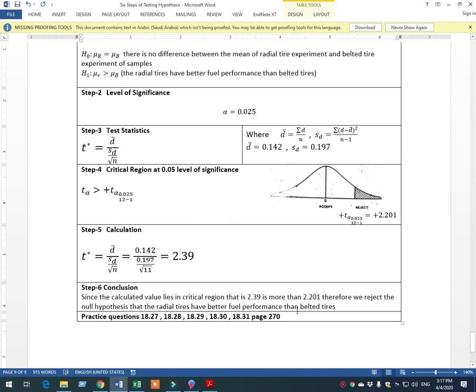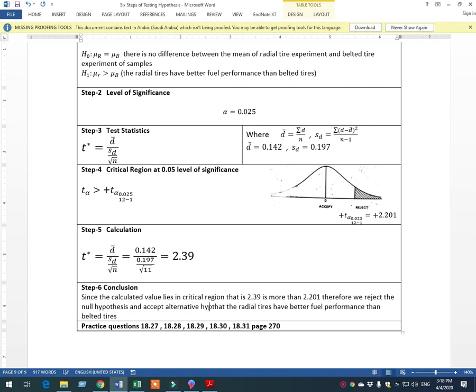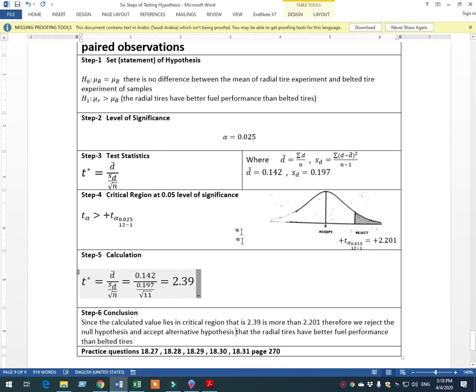Here we can show some proper results. Reject the null hypothesis and accept the alternative hypothesis that the radial tires have better fuel performance than the belted tires. So guys, that's how we can do it for the paired sample.